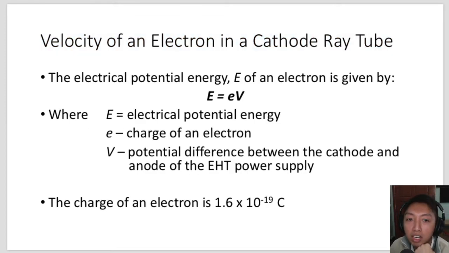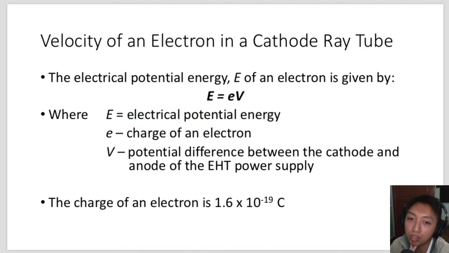So the electrical potential energy of an electron, meaning to say, how much energy does this electron have? That's basically what we're saying. How much electrical potential energy is given by the formula big E equals small eV, where E equals the electrical potential energy in joules.